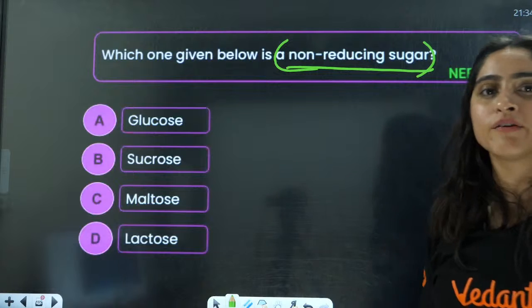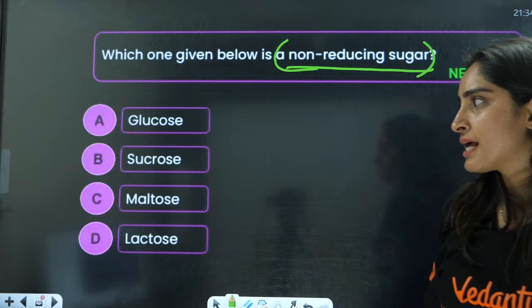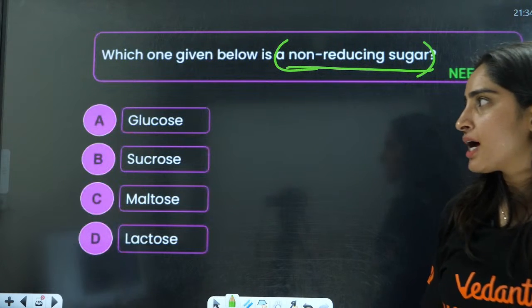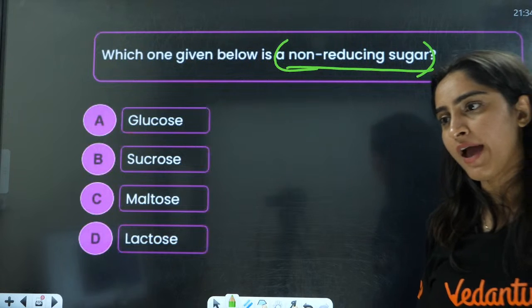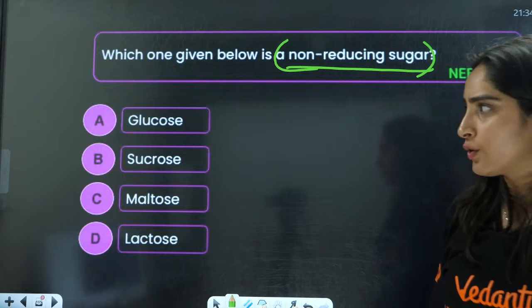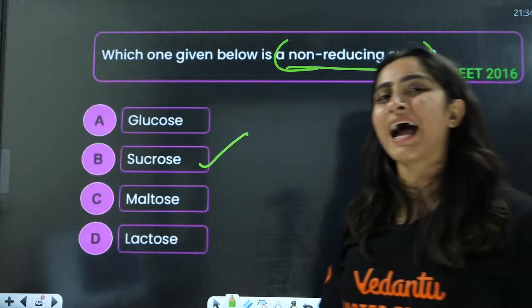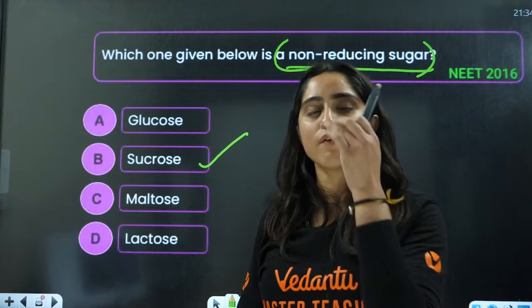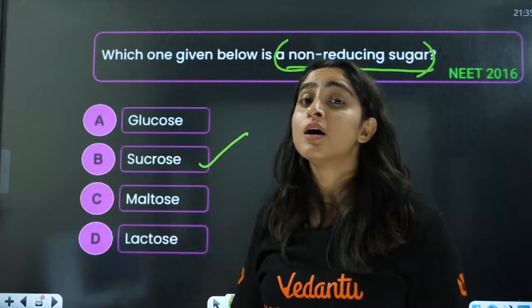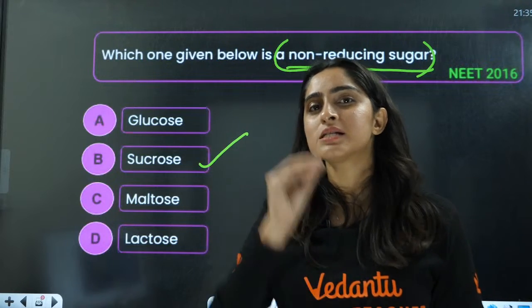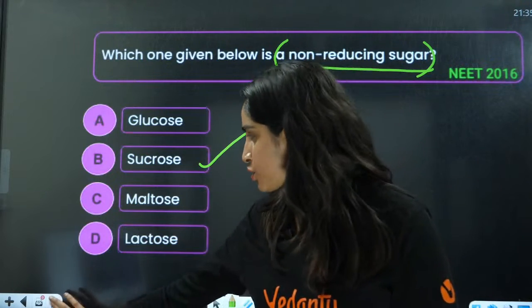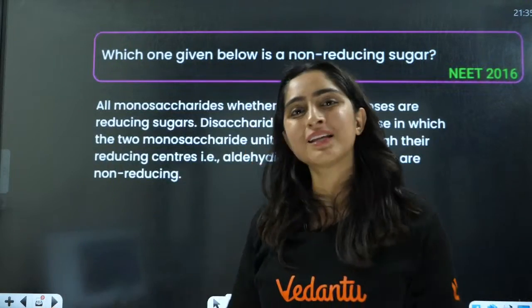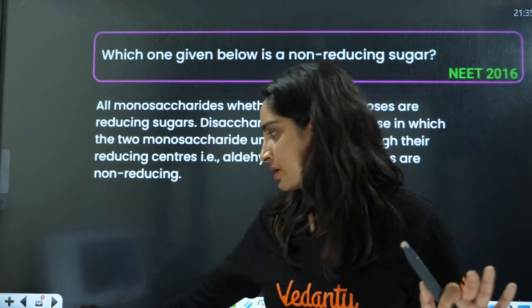Which is going to be a non-reducing sugar? Very good. Out of the disaccharides, you have sucrose. That is a non-reducing sugar. So B, all the other disaccharides are reducing sugars.